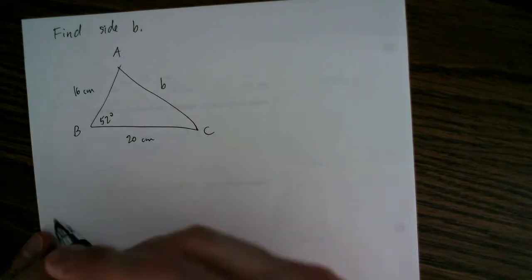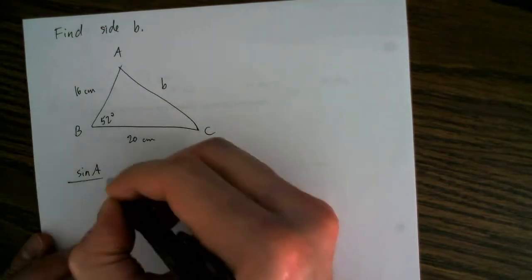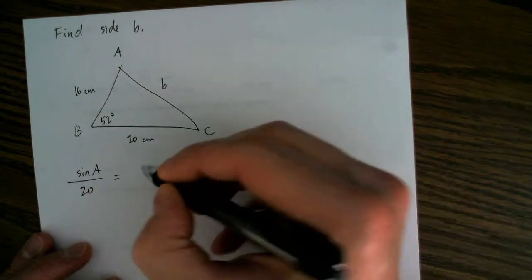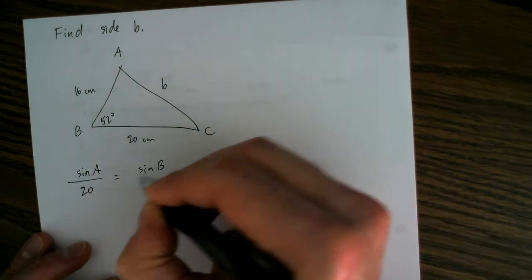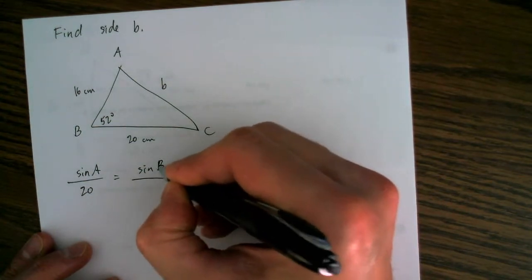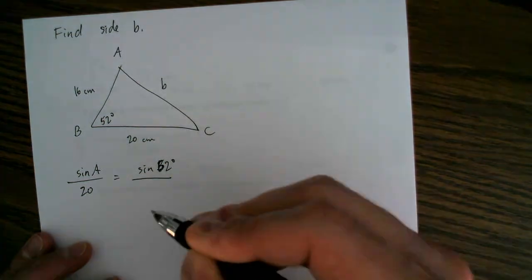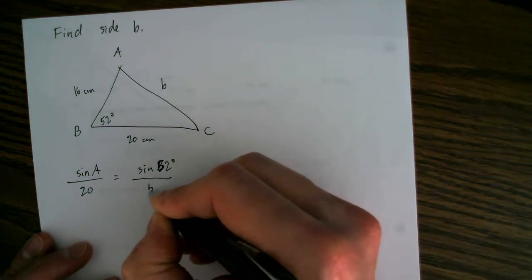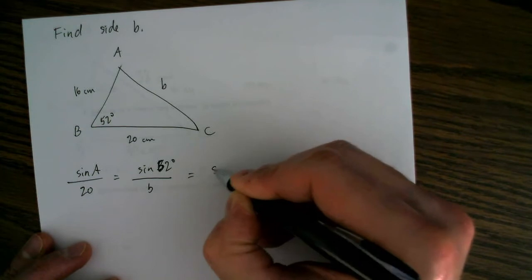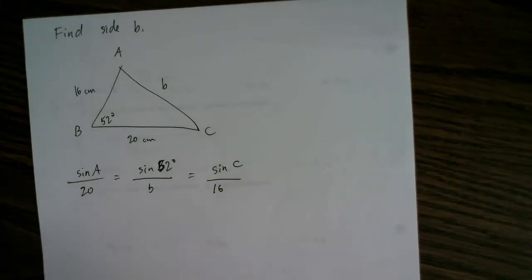So using the sine law, we get sine angle A over 20. So we have two sides and one angle.